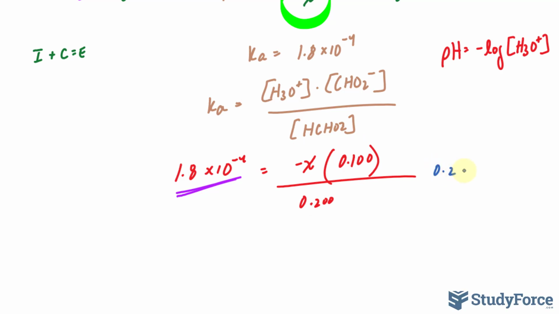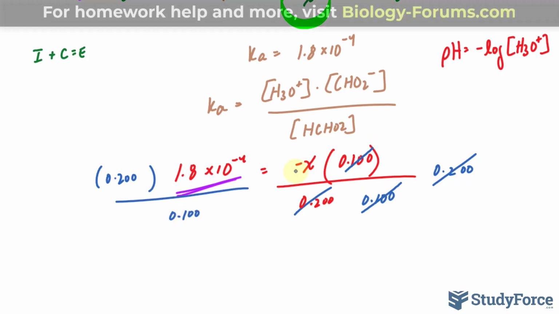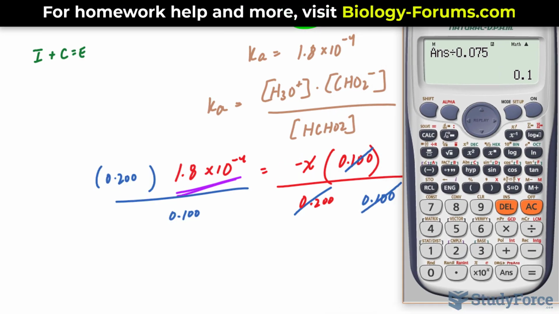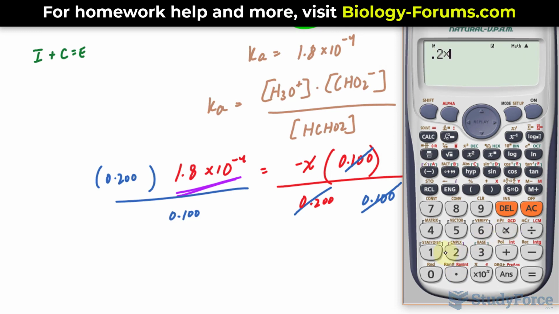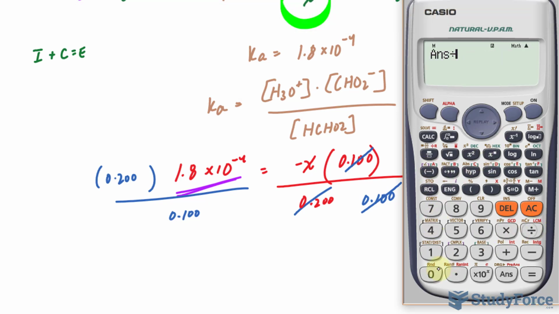I'll multiply both sides by 0.200. That cancels that out. And subsequently divide both sides by 0.100. That cancels this out. And we're left with negative x on the right side. So we have 0.2 times 1.8 times 10 to the power of negative 4 divided by the number at the bottom.